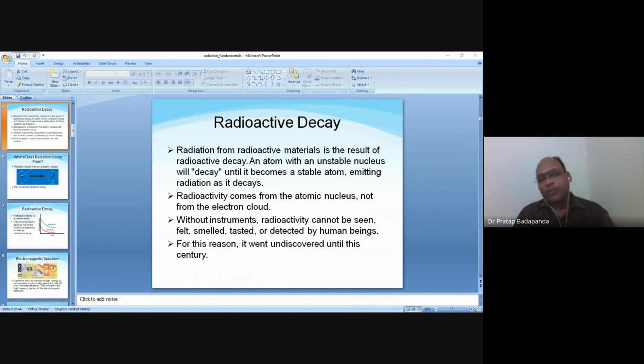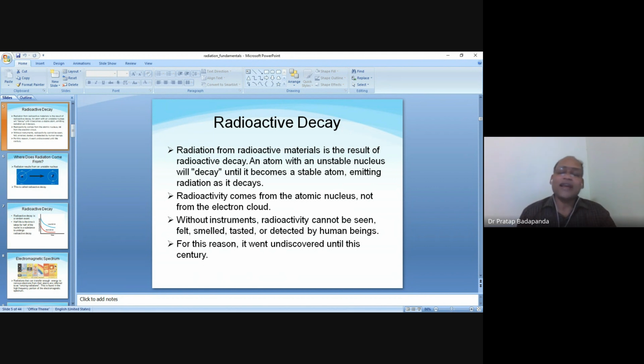But as I told you when I started this topic, protons and neutrons do not take part in chemical reactions; they take part in energy levels. To understand how electrons revolve around the nucleus, you need the electrostatic force of attraction, the magnetic force of attraction, the nuclear force of attraction, and shielding effects. But here, radioactivity comes from the atomic nucleus, not from the electron cloud.